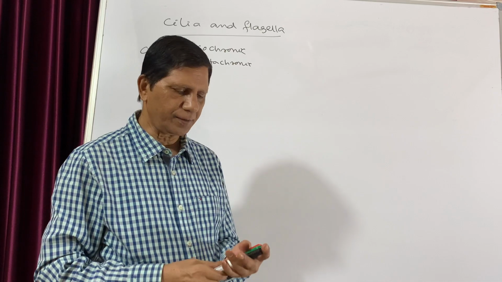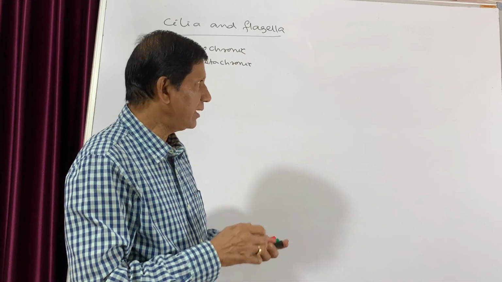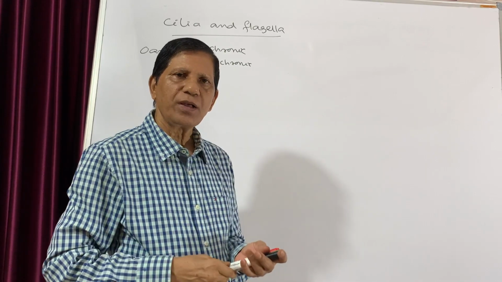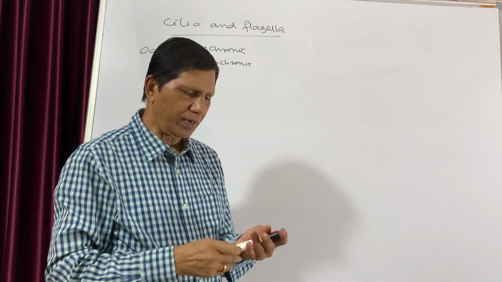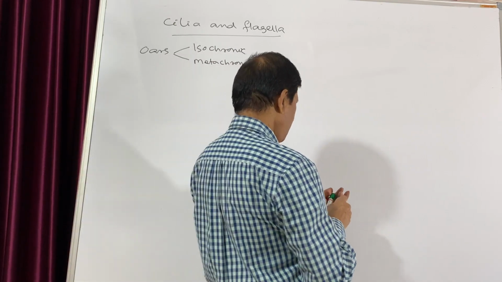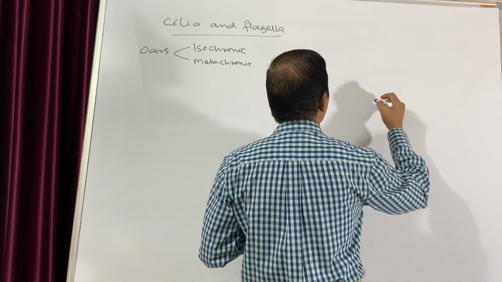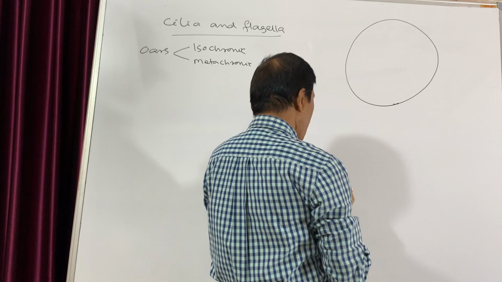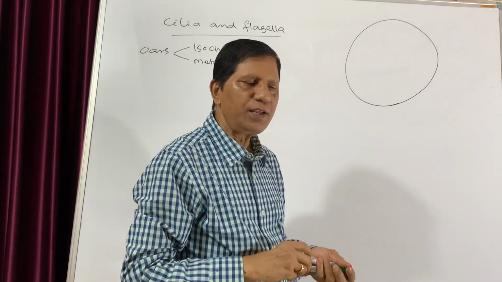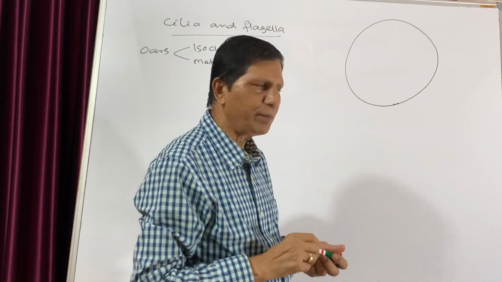Now usually the cilium is surrounded by a cell membrane. That means there is one cell membrane, and within the cell membrane there is a 9+2 arrangement of fibrils.